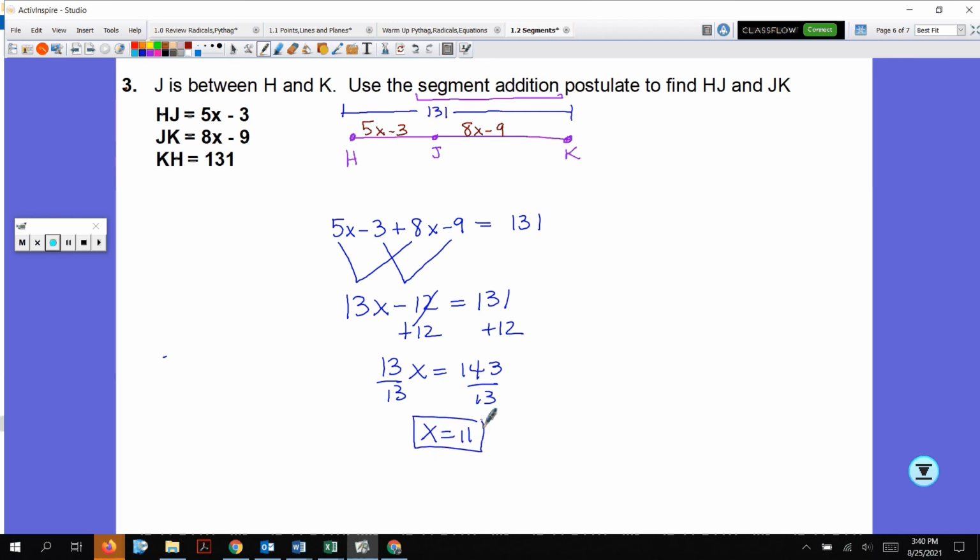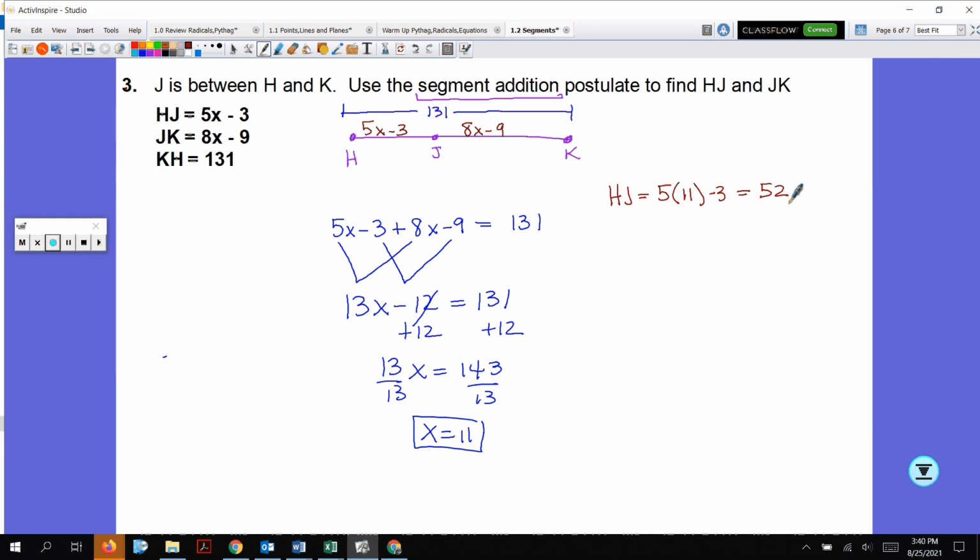Now, since I just made a mistake and realized I got to plug it back in, because I need to know what HJ and JK equal. So HJ is 5 times 11 minus 3. 5 times 11 is 55, minus 3 is 52.